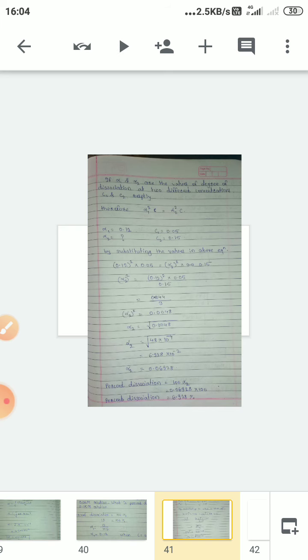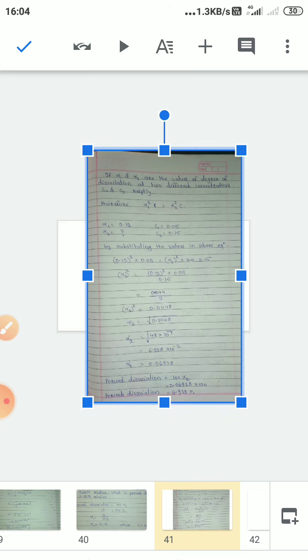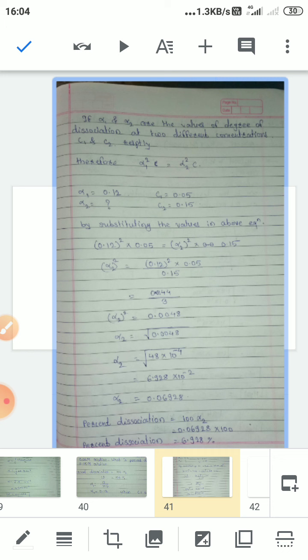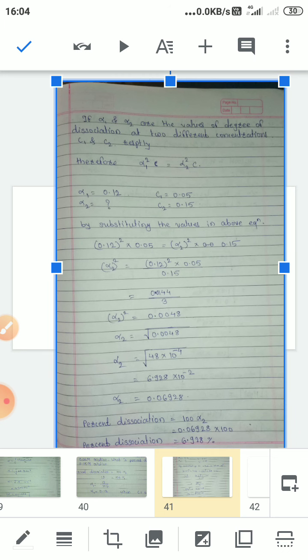Okay, now we have to calculate the degree of dissociation for the second solution. So we have considered alpha 1 and alpha 2 as degrees of dissociation for solution 1 and 2 respectively, of two different concentrations C1 and C2 respectively.